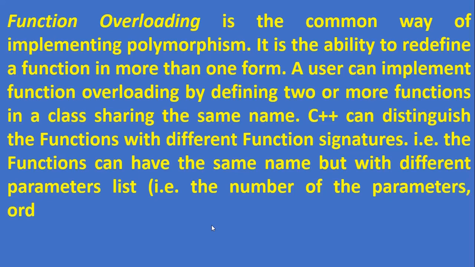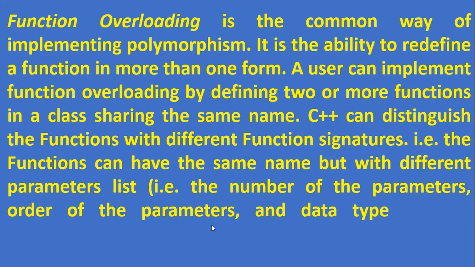Function signature means the data types or the parameters must be different. The number of parameters, the order of parameters or the data types should be different. If I declare a method, somewhere a function is called a method, with the same name, I can't use the same data types or the same number of parameters.